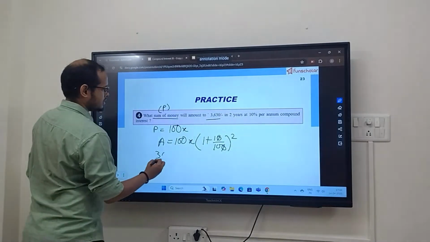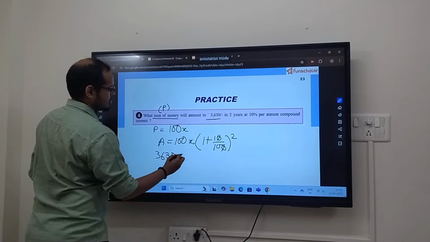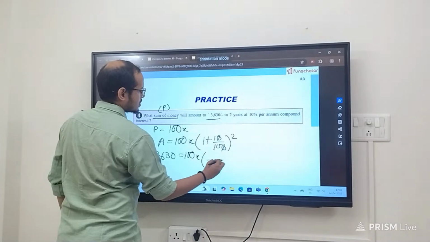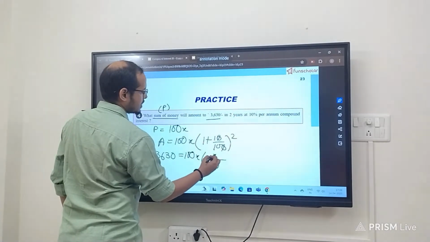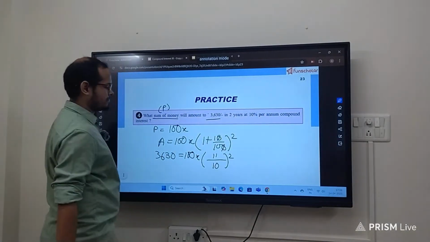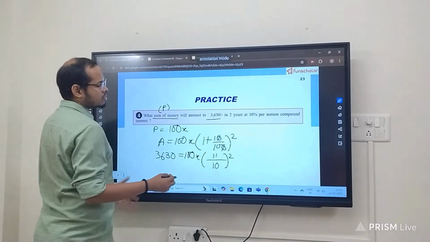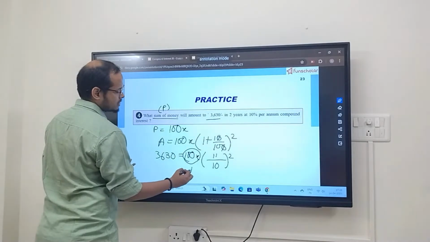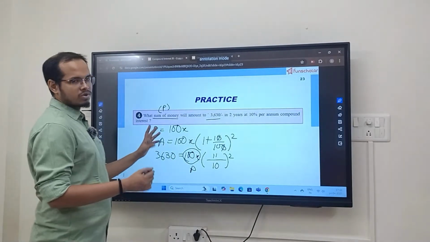So 3630 is equal to 100x into 11 by 10 whole square. If you do not want to keep it as 100x, you can also write it as P. I think P will be less stressful because we do not have to cancel it.